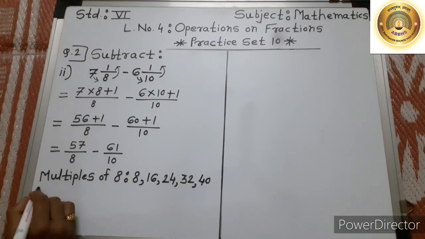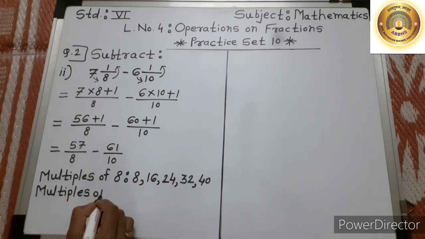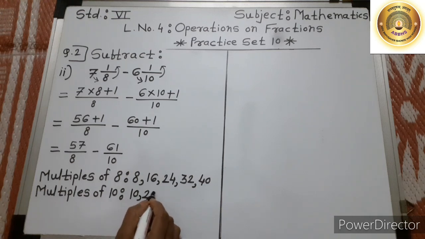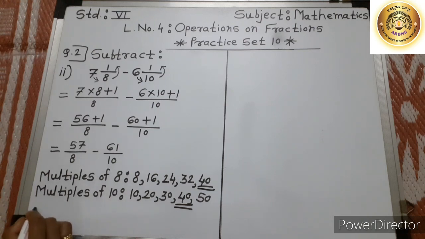Write multiples of 10: 10, 20, 30, 40, 50. Now find out the common multiple. So 40 is the common multiple.